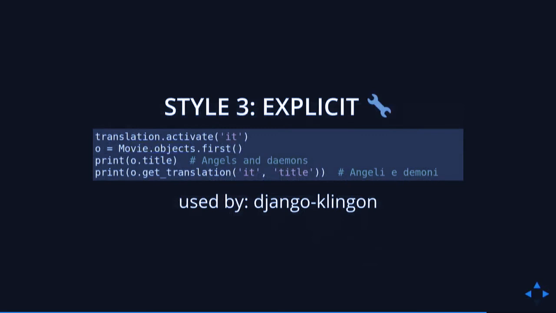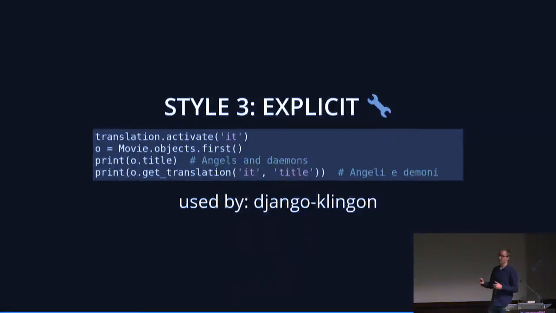The third style used in Django Klingon is that the title attribute always just contains the default language, and that we very explicitly get and set translations for our fields from the database using helper methods.